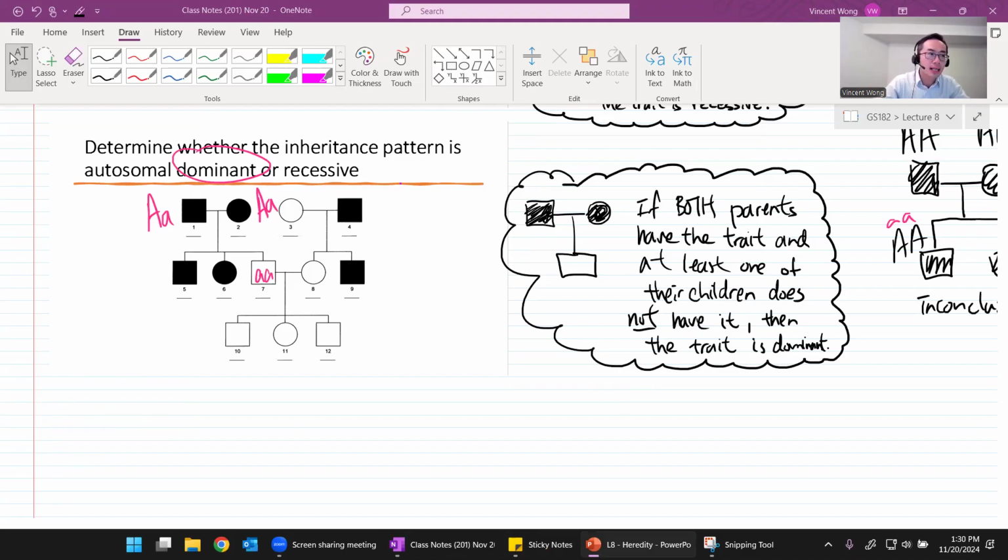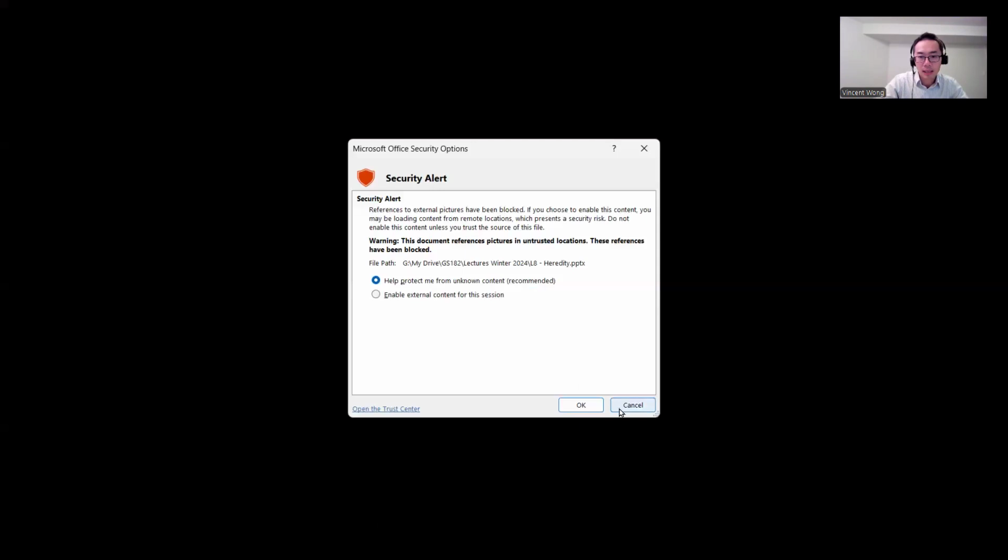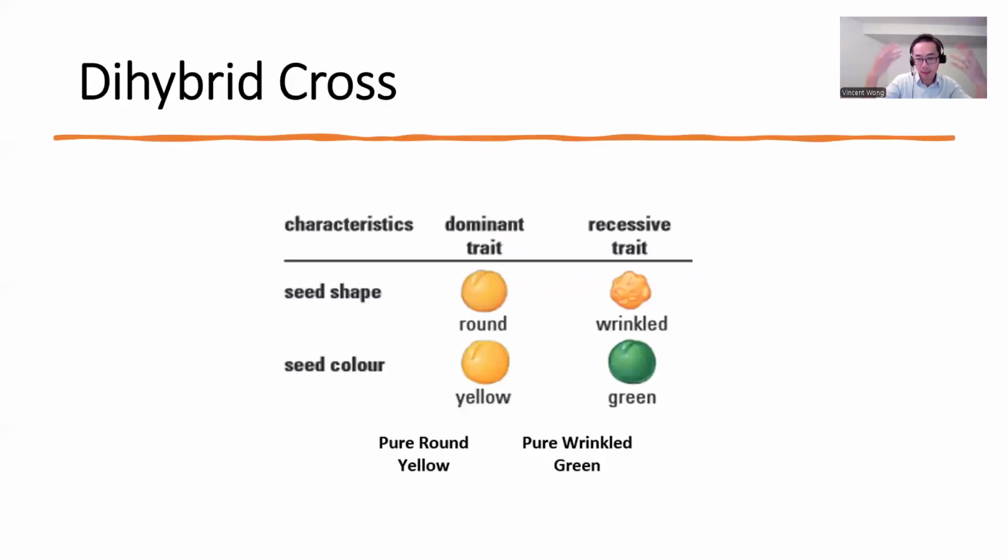So the next step is to track two traits at the same time, right? Two traits at the same time. So just a couple of slides here to get us all set up, and then I'm going to write more notes for you. When we try to track two things at the same time, it is called a dihybrid cross, as opposed to a monohybrid cross.